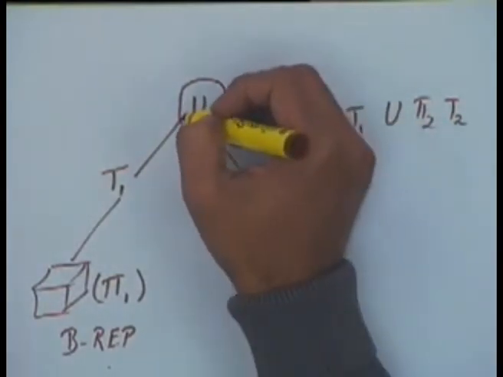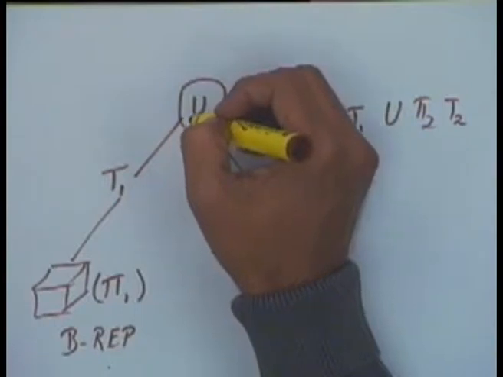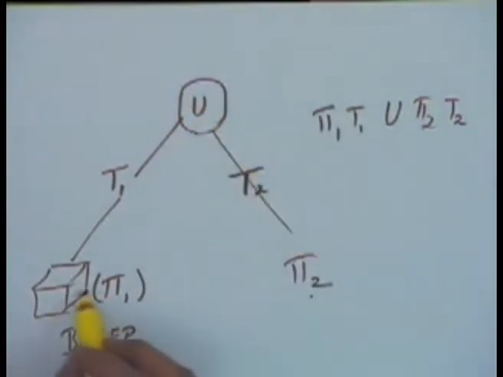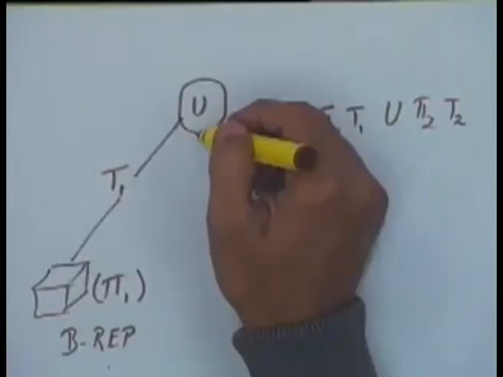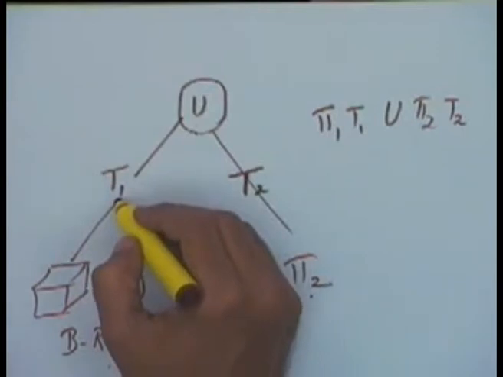All Boolean operations can alter the interaction between the different surfaces. New surfaces can be generated, new edges can be generated, and new vertices can be generated by a Boolean operation. But that cannot happen by a transformation.